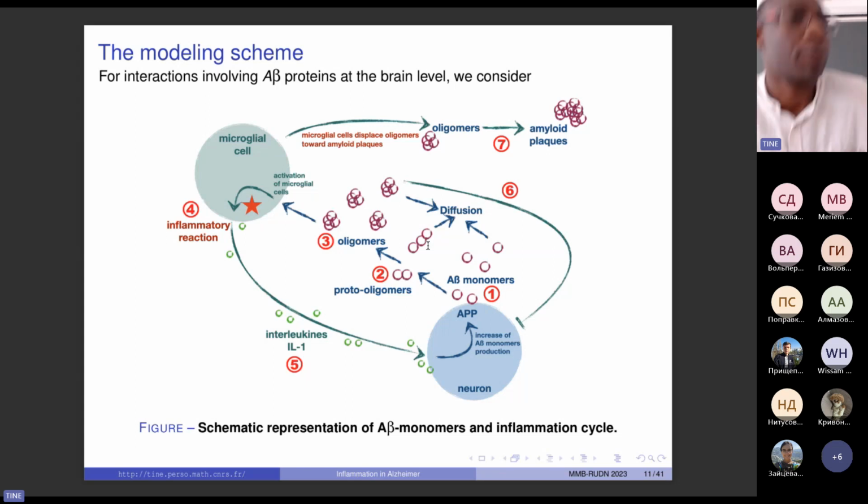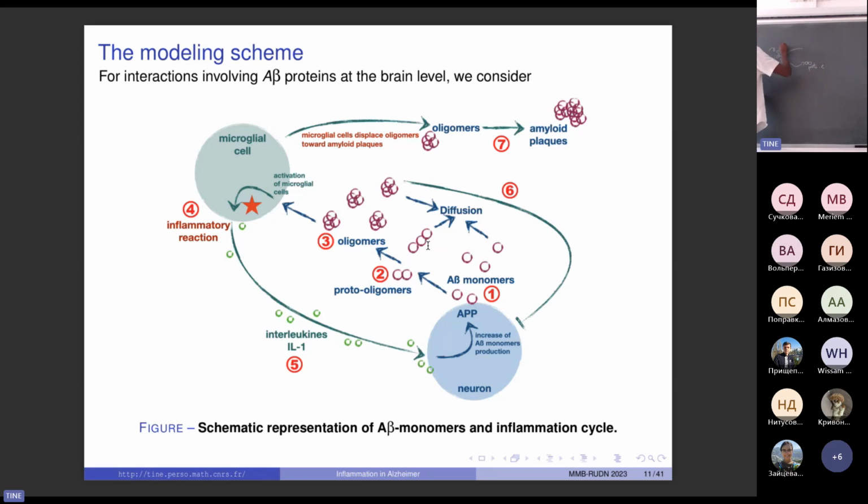So the scheme that we have, let me just design it. We have here a population of monomers, and two of them can merge and form a proto-oligomer of size 2.